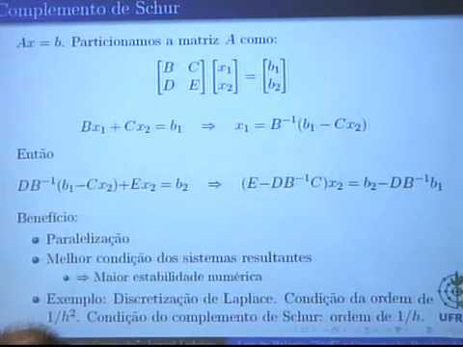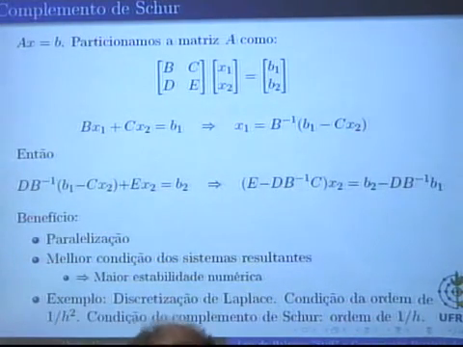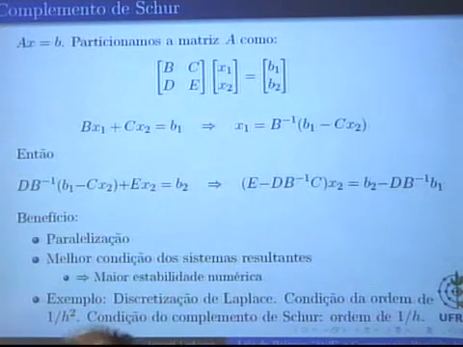For the first equation, you get B x1 + C x2 = b1. You can eliminate x1 and get x1 = B^-1 (b1 - C x2). You substitute x1 in the second equation, and get a linear system with only x2. Okay, this is the well-known Schur complement method. Once you solve x2, you go back and solve x1.